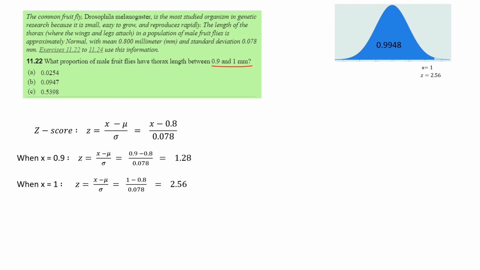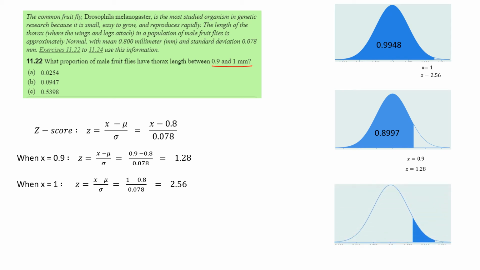The same way, if I'm using my table, I can easily find the area lying to the left as 0.9948. And for x equal to 0.9, I got the value for z as 1.28, so the area to the left is 0.8997.